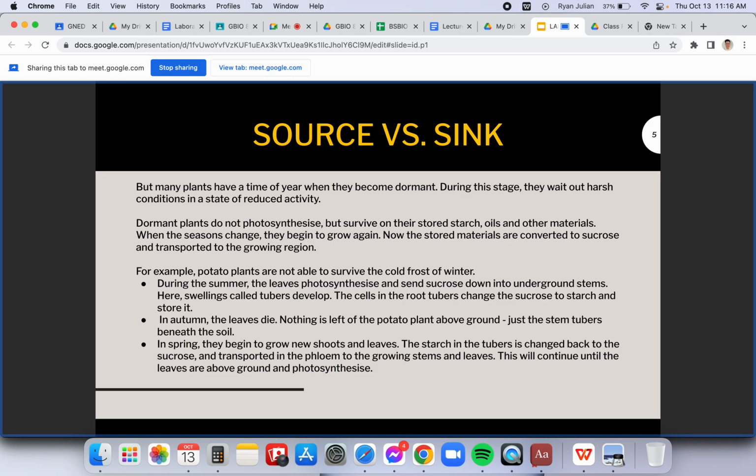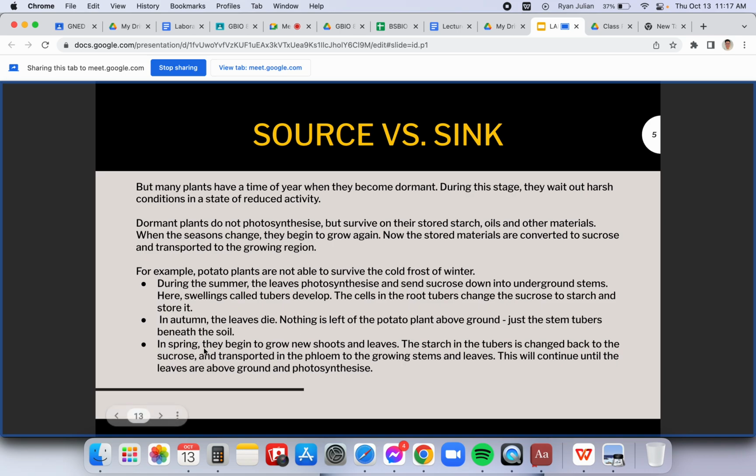What I'm trying to insinuate here is that potato plants really thrive during the summer season because there is a sufficient amount of sunlight that can lead to the process of photosynthesis, allowing the production of starch. However, in autumn or fall, the leaves eventually die through the process of senescence. Nothing is left of the potato plant above ground, just the stem tubers beneath the soil.